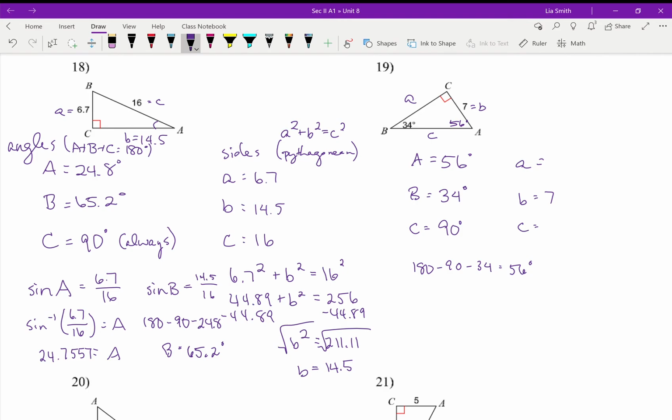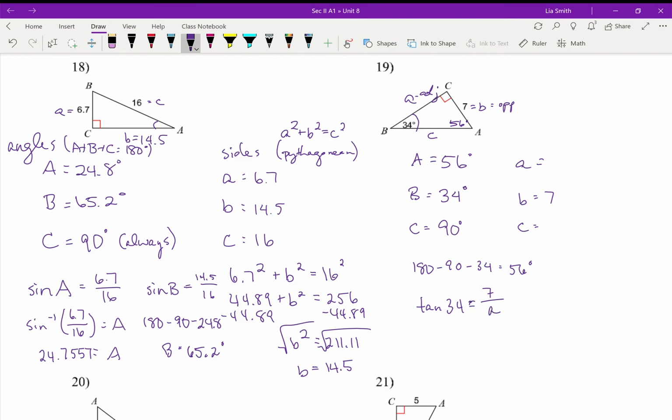Let's work with B. So if I pick B, say that I want to find A. This one would be opposite of B, and A would be adjacent to B. So which trig function uses opposite and adjacent? Tangent. So tangent of 34 would give me 7 over A.